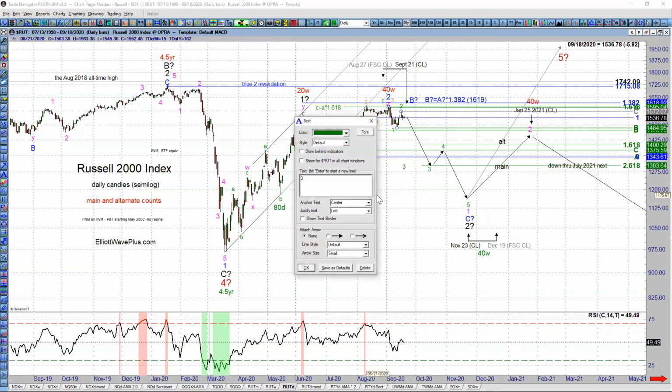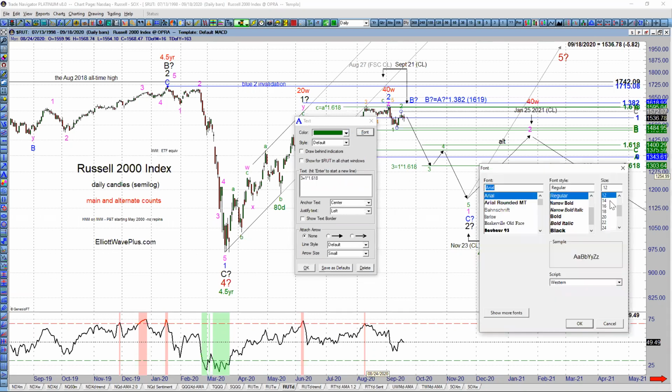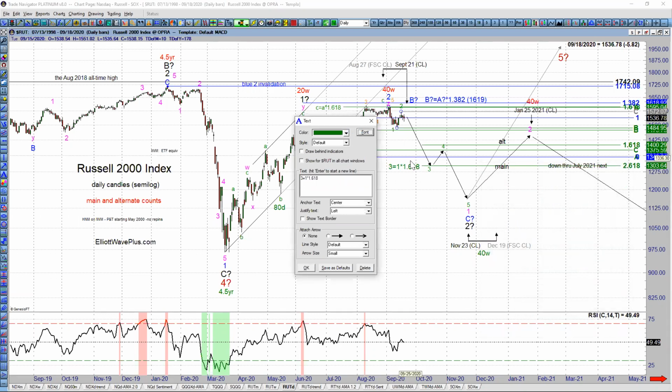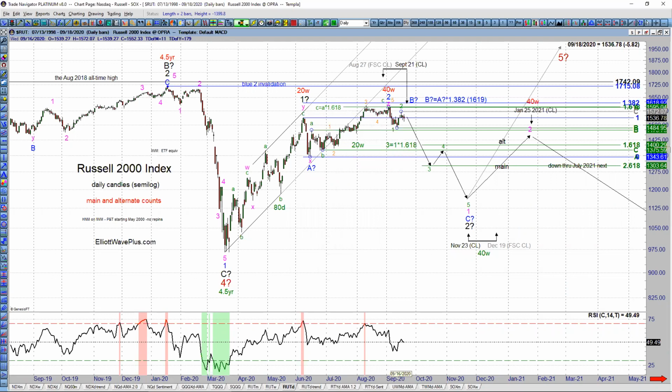So I think the best target to the downside is 3 equal 1 times 1.618, 2.618.